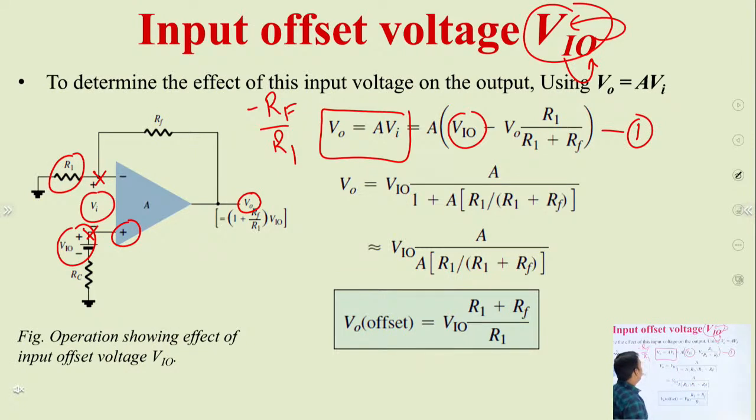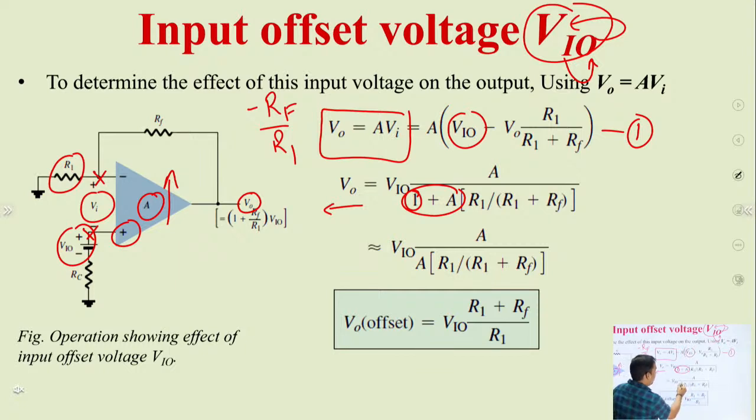Now if you take V0 to the left, and make a small approximation that the gain A of the operational amplifier is very high, so we can neglect this term, the result here is nearly equal to VIO multiplied by A divided by A R1, whole divided by R1 plus Rf.